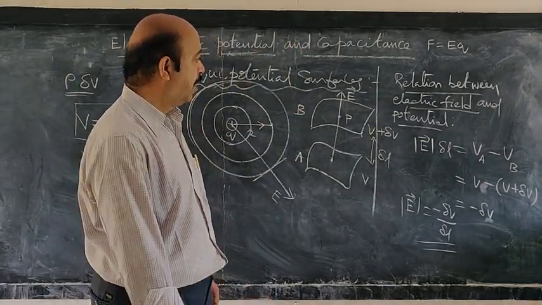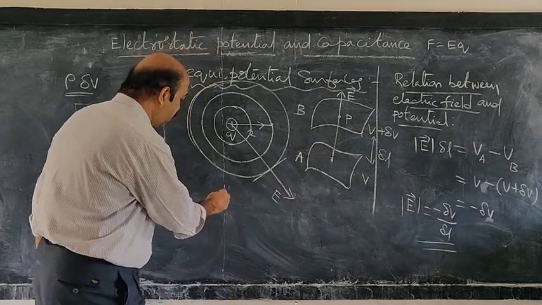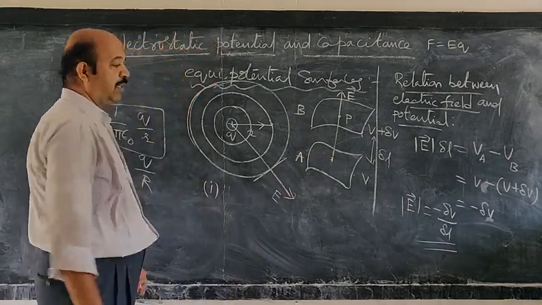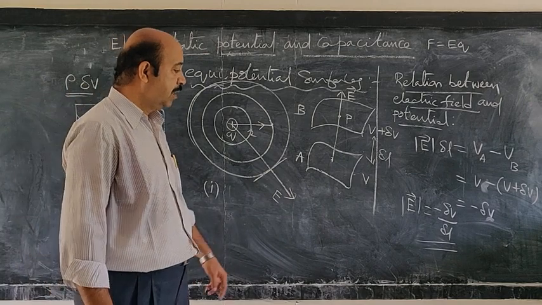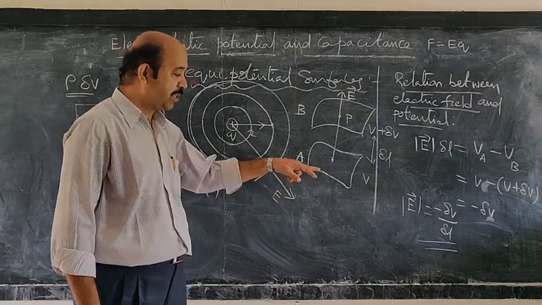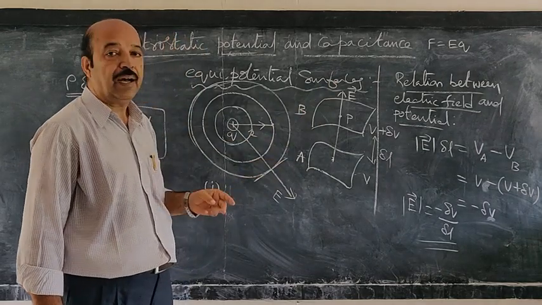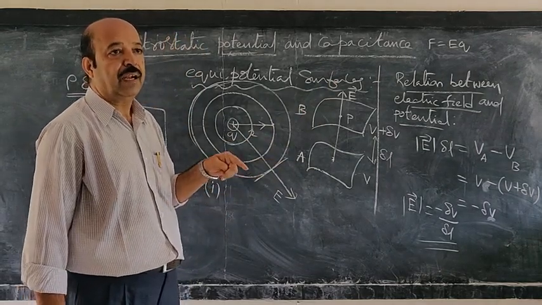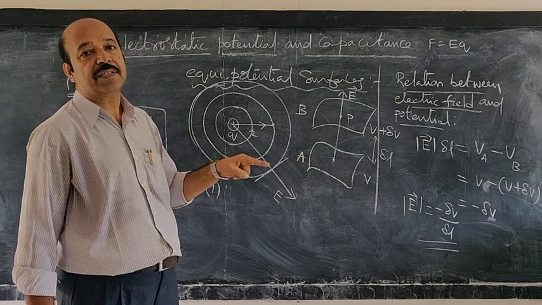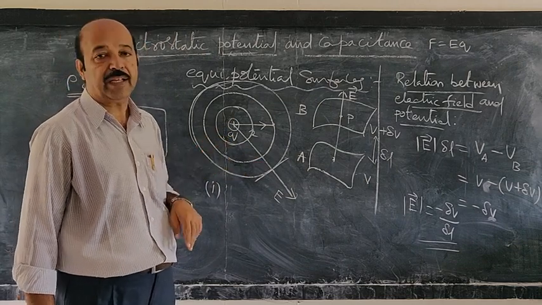That means we can discuss two important points from that relation. Number one is the electric field has the direction along which the potential decreases at the maximum rate.